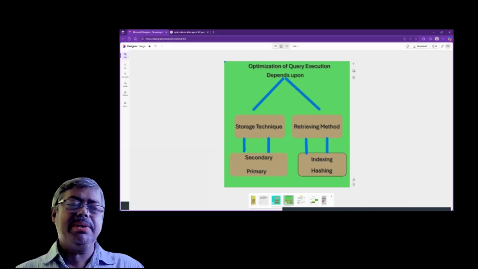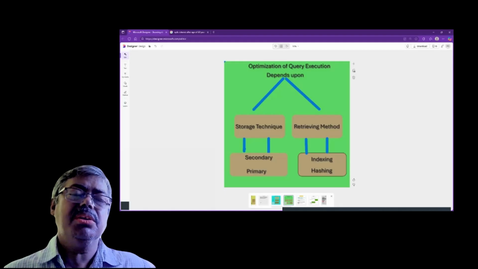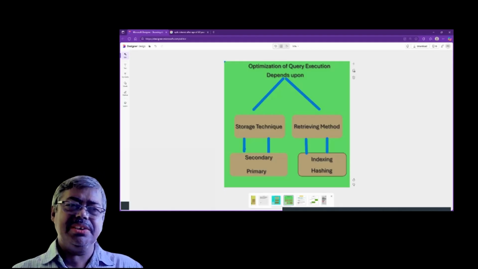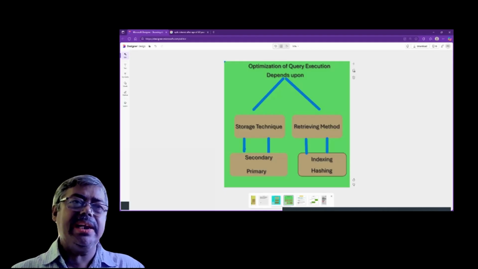If the algorithm is done properly, then indexing is fast. Hashing also depends on the algorithm. So the retrieving method and storage technique give us a facility, and some techniques give us very fast query execution. So query execution depends on the storage technique and also the retrieving technique of the database.